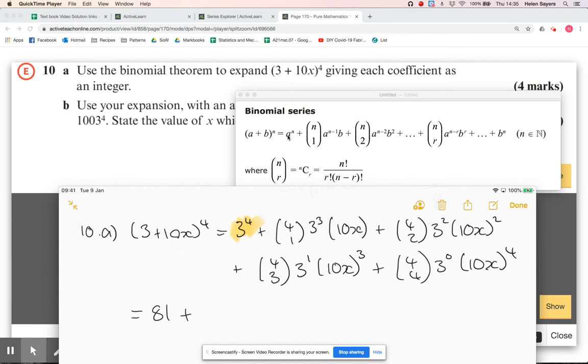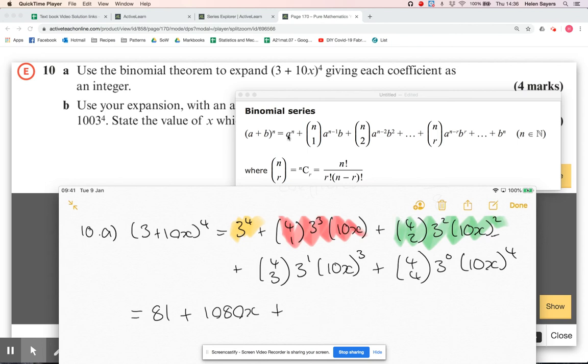So my x term is going to be 4 choose 1, which is just 4, times 3 cubed times 10. So I get that as 1080. My x squared term is going to be 4 choose 2 times 3 squared times, and then just be really careful that 10 is getting squared as well.